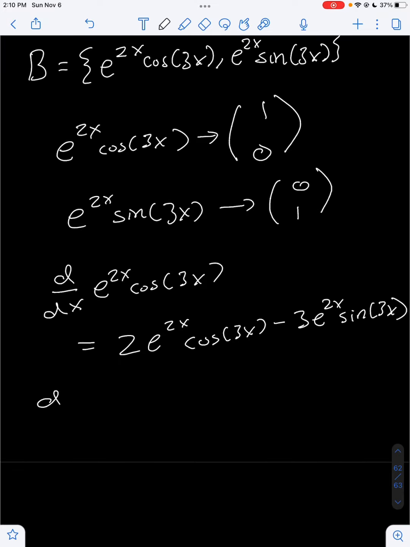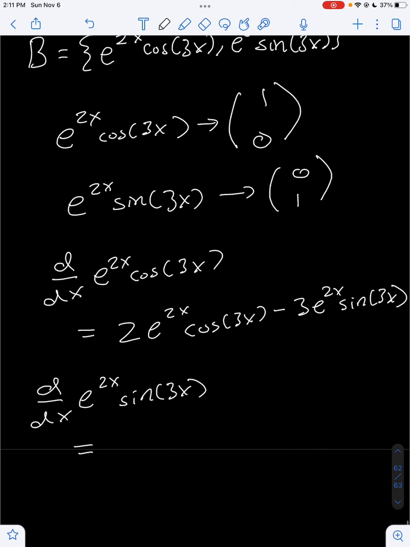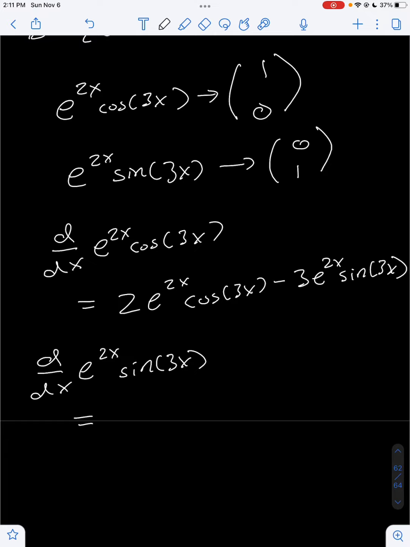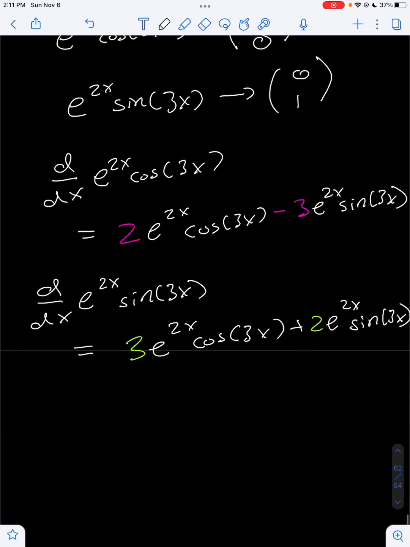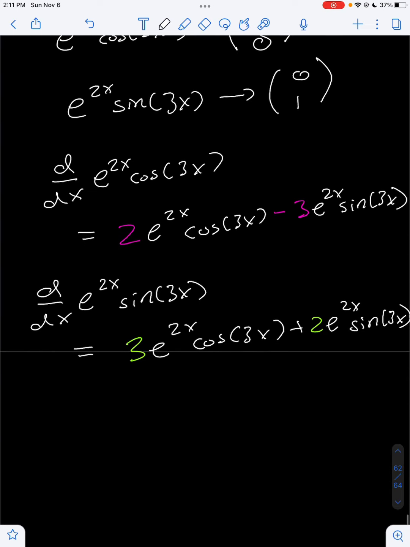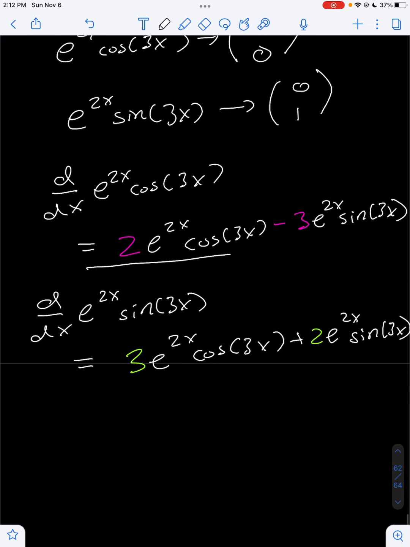And then the derivative of e to the 2x sine of 3x is going to be equal to 3e to the 2x cosine of 3x plus 2e to the 2x sine of 3x. So again, we have color-coded the components of the action of the derivative acting on our basis vectors.